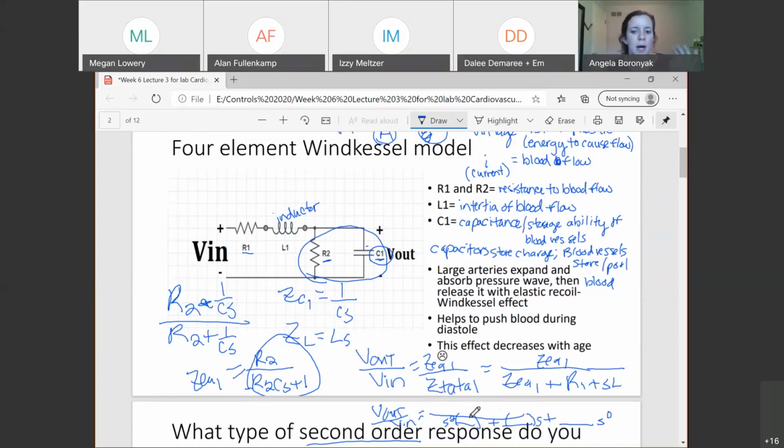So you need to combine all of your S squared terms, all of your S to the 1 terms on the denominator, all your S to the 0 terms, and whatever you have on the numerator, although as a hint, your numerator should be pretty simple.